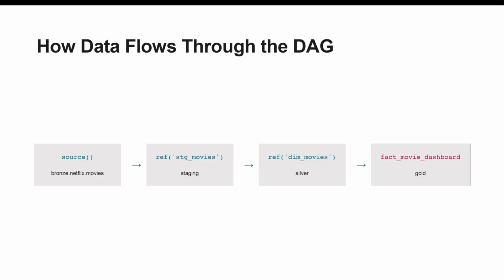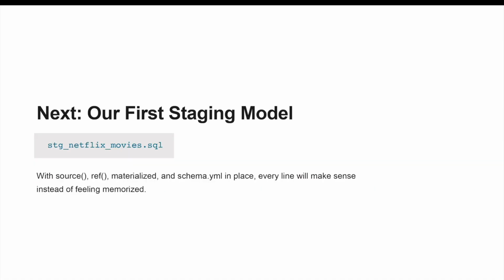You can see that visually. That is the beauty of DBT. You don't need to struggle to understand where a particular column's data comes from.